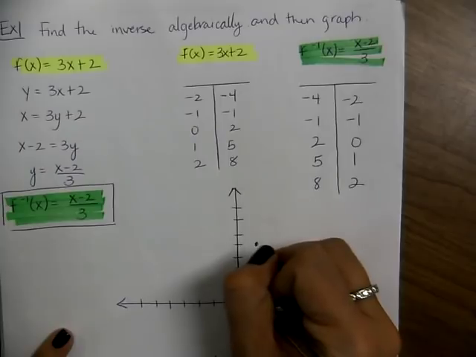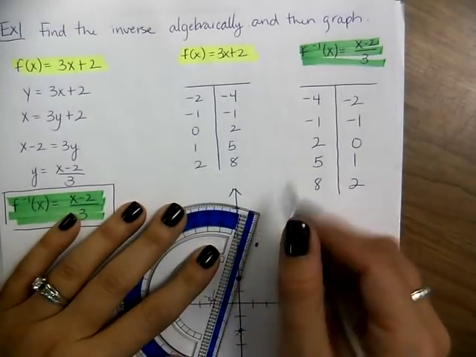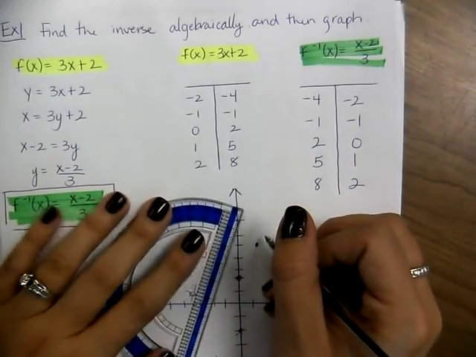And then make sure you label that like f of x and the inverse. If we had graph paper, this would probably look a lot better.